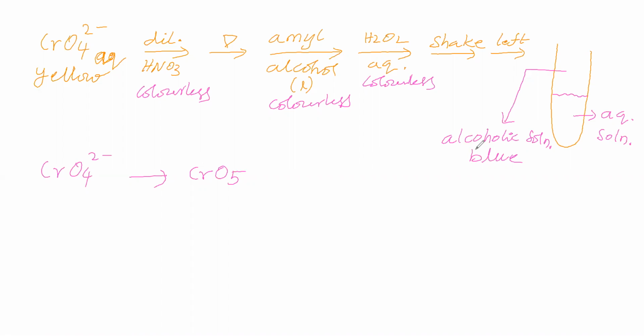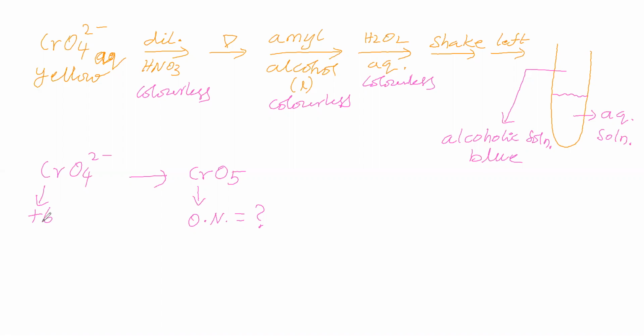What is the structure of CrO5? Before seeing the structure of CrO5, we will see the oxidation number of chromium in CrO5. In chromate, the oxidation number of chromium is +6.